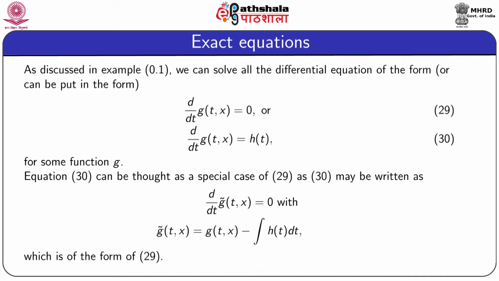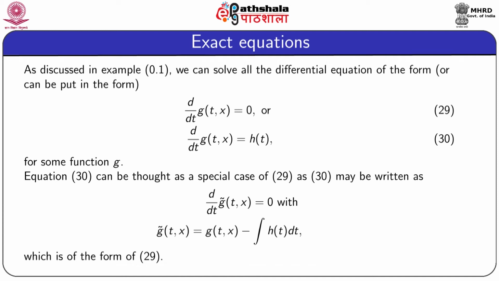As discussed in example 0.1, we can solve all the differential equations which can be put in the form d/dt of g t x equal to 0, given by equation 29, or of the form d/dt of g t x equal to h t, given by equation 30, for some function g.